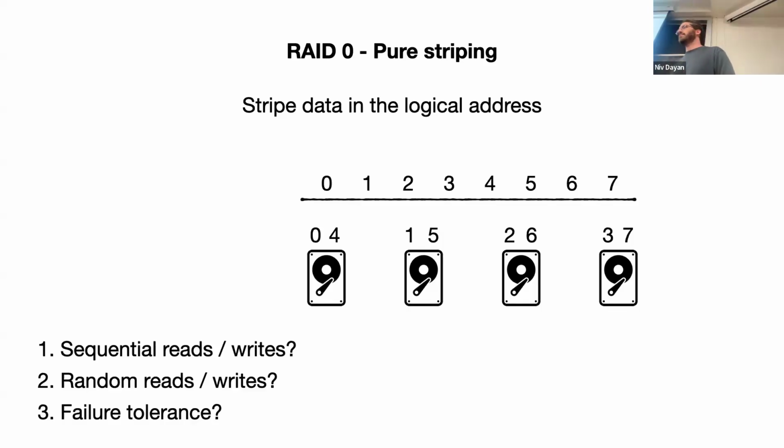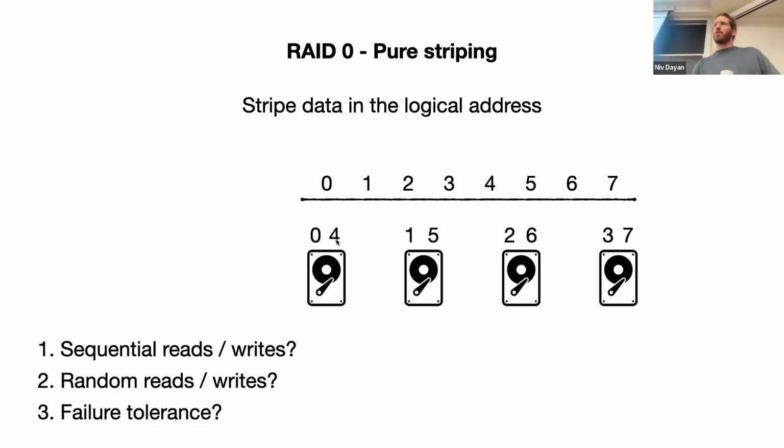Oh, why is there 0.4 instead of 0.1? What here? So it's 0.4 because we're doing striping, right? So basically addresses 0, 1, 2, and 3 go to this disk, this one, and this one.